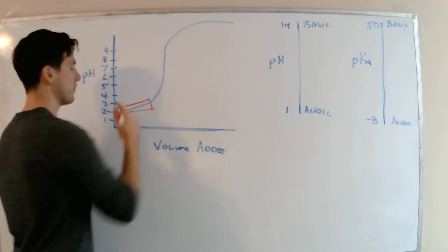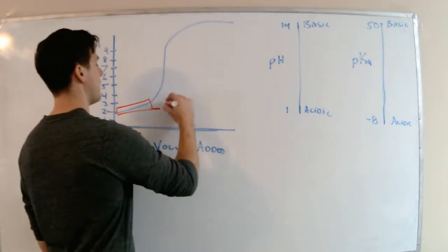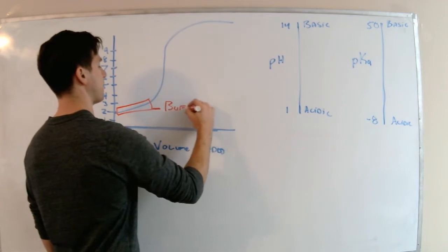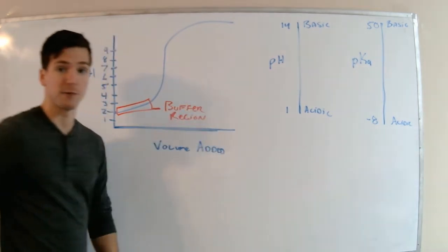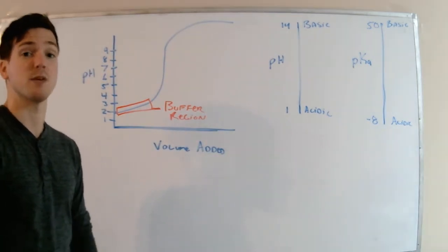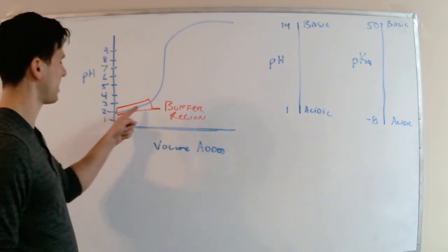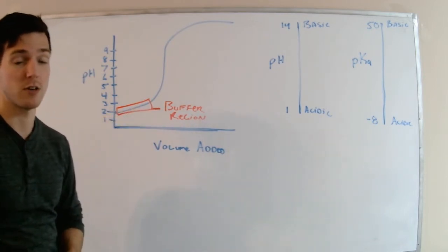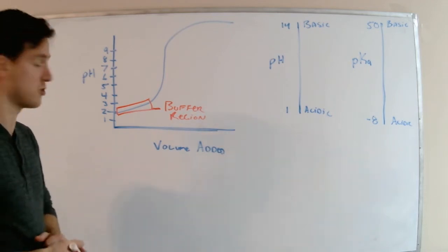This flatter region here, before it starts increasing a whole lot, is known as the buffer region. The buffer region. What is a buffer? A buffer just resists changes in pH, and we'll talk more about that later. But that makes sense, right? Because here we're not getting a huge change in pH, so that makes sense that it'd be called the buffer region, since buffers resist change in pH.